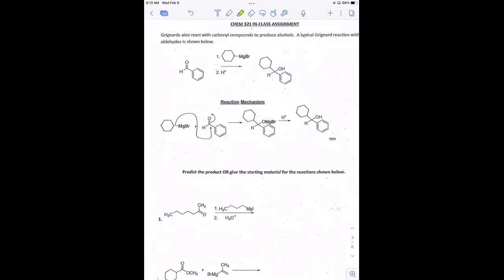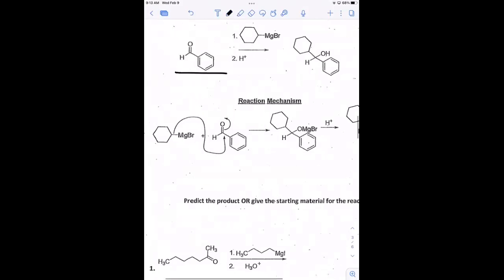So for your starting material, you're going to have either an aldehyde or a ketone. You can add to an acid or ester, but mainly if you want to add a Grignard to a carbonyl, it's going to be an aldehyde or a ketone.